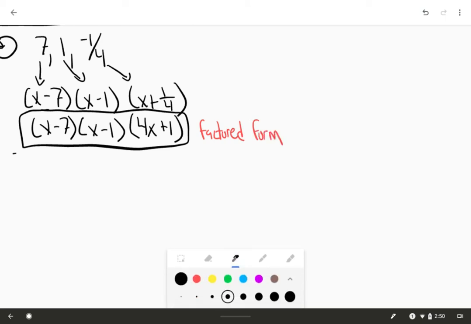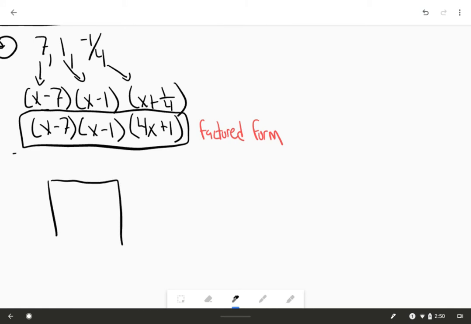And then we're going to do the same thing that we just did. All right, so let's multiply the first two out. We'll set up the box method. So x minus 7 and x minus 1. Okay, x times x is x squared. Then this will be negative 7x.